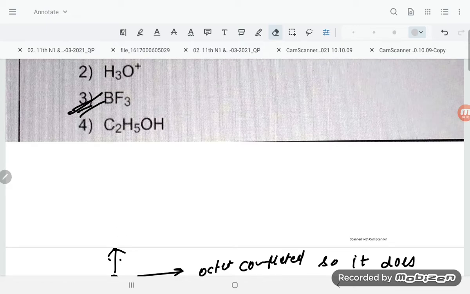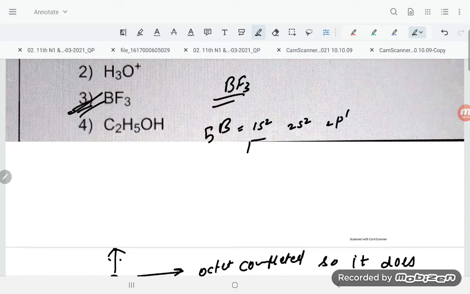If you draw the diagram of the BF3 molecule, boron is 5, so this is 1s2, 2s2, 2p1, right? So here 1 2, here 1 2, and this is 1.